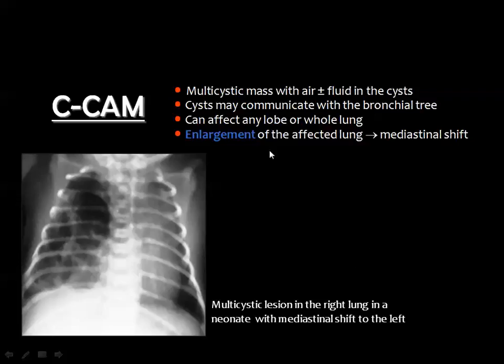As you can see here, it can affect a lobe or the whole lung. The affected lobe or lung will be enlarged, leading to mediastinal shift and compression of the opposite lung. If you look carefully here, you see multiple air-containing cavities within the right lung field.